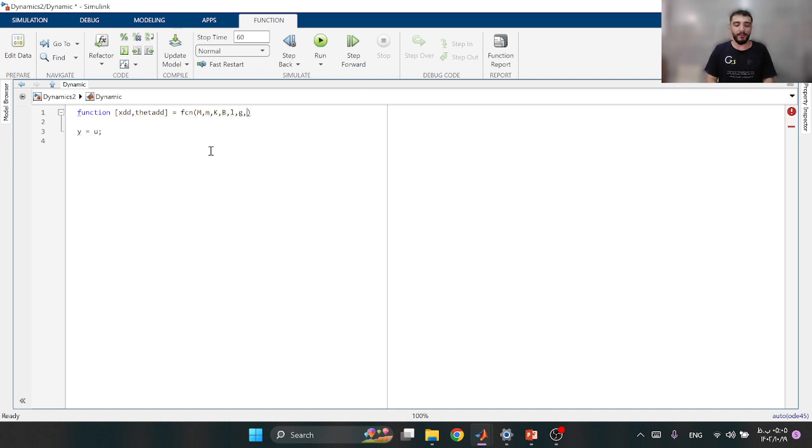And we have x, x dot, theta, and theta dot as inputs. Now we have to write our dynamic equations in these two lines here.